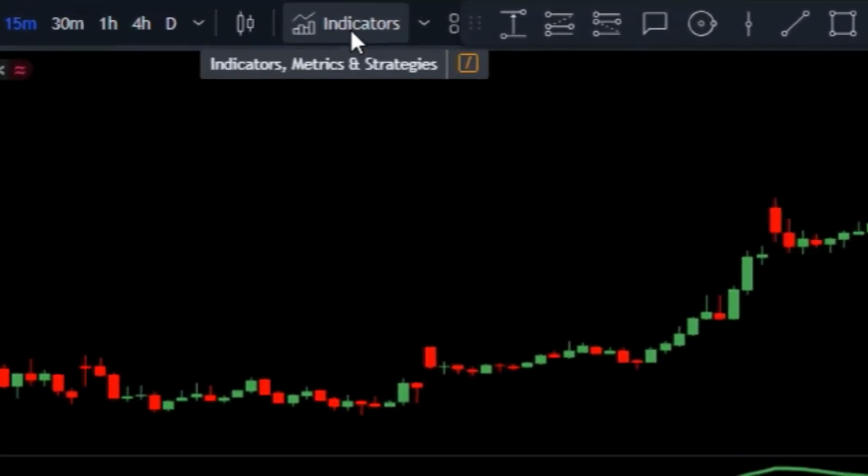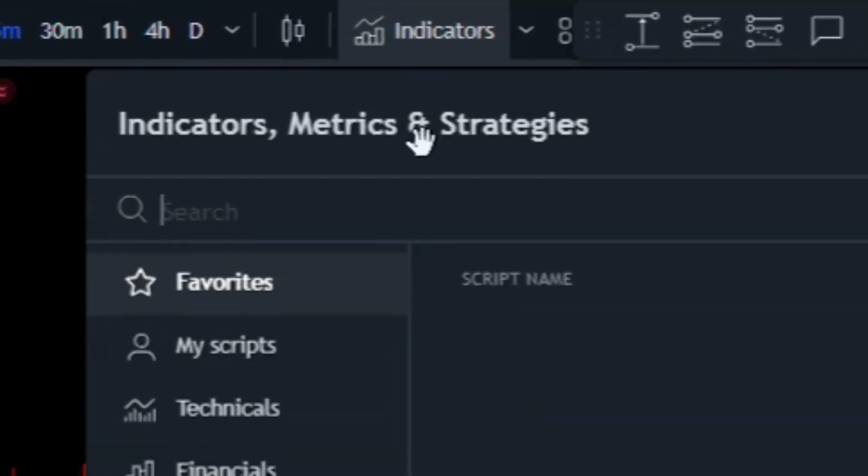The next indicator you want to use is called 10-in-1 different moving averages.